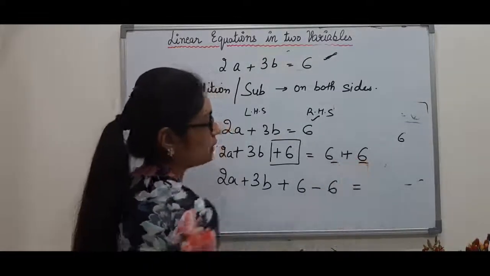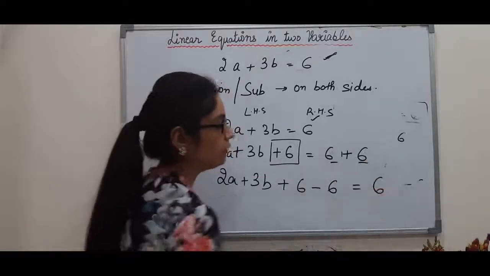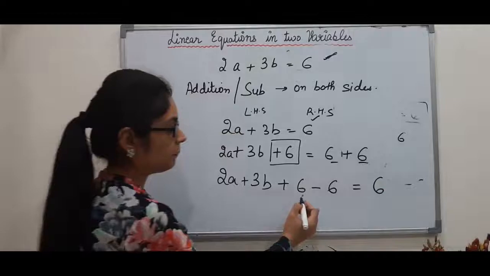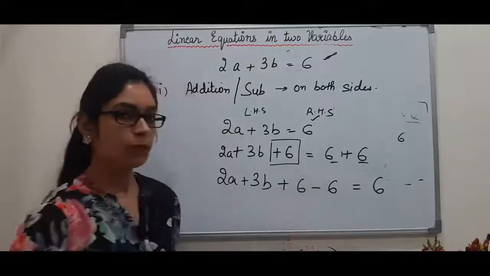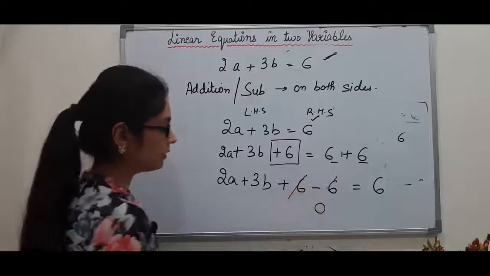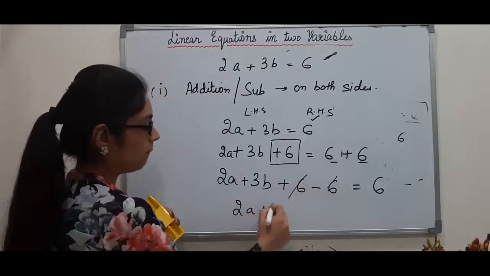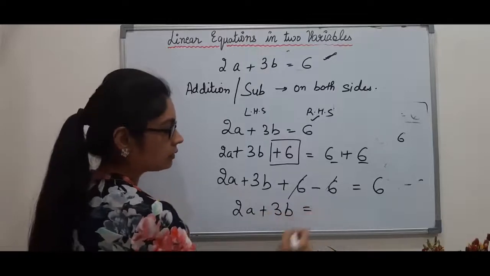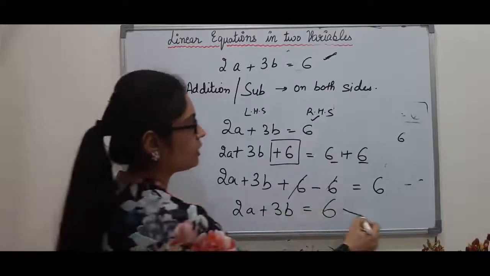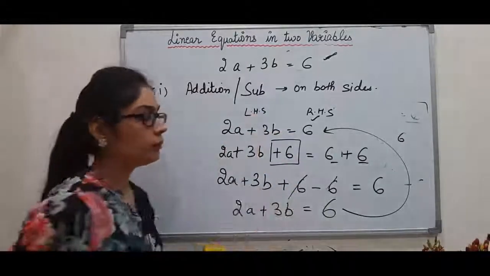So plus 6 minus 6 is 0. They both get cancelled. So again what I am left with is 2a plus 3b equals 6, which is equal to my previous or original equation.